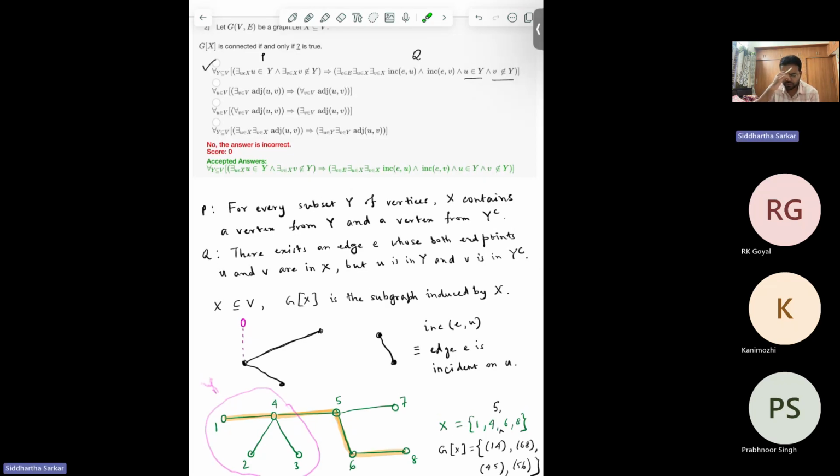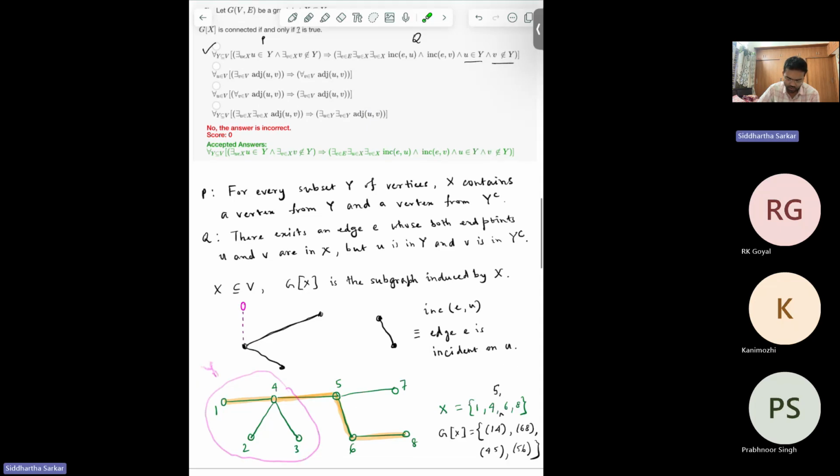Okay, so how to rule this out formally? Let's think about it slightly. So this portion is saying that in y there is an edge. Okay, in y there is at least one edge among the vertices of y. So for example, you could take these three to be y.